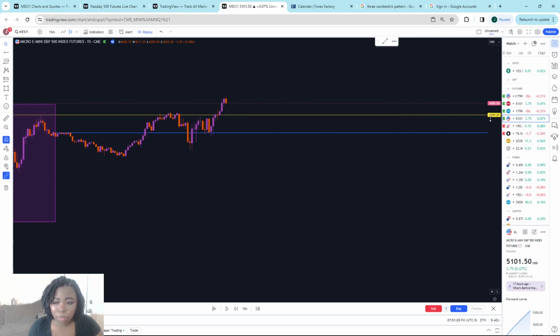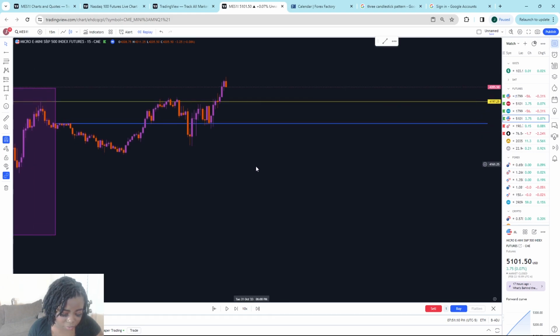Now, just starting off, okay, I see where there's a gap right here, and I will hope for price to maybe revisit this gap.